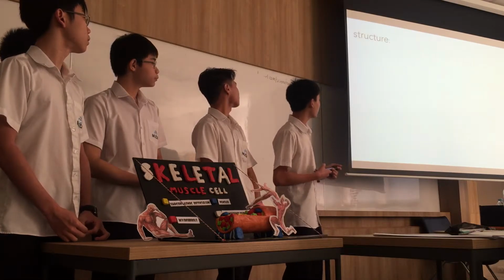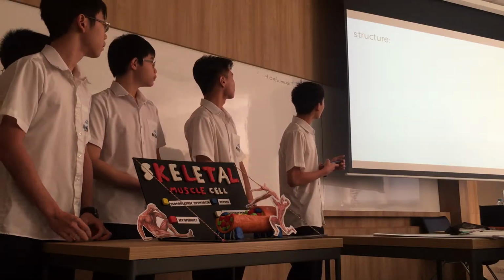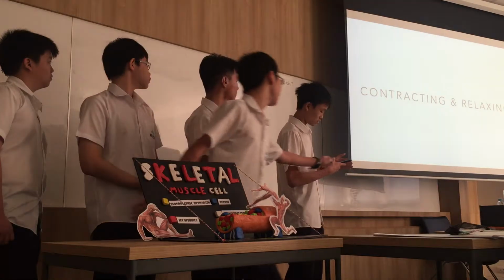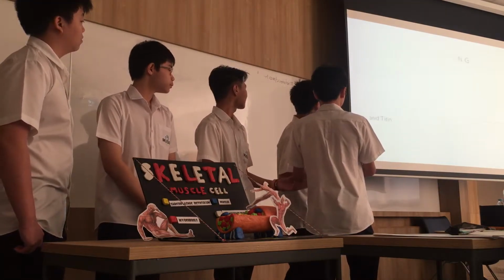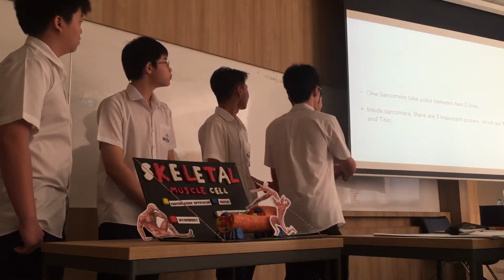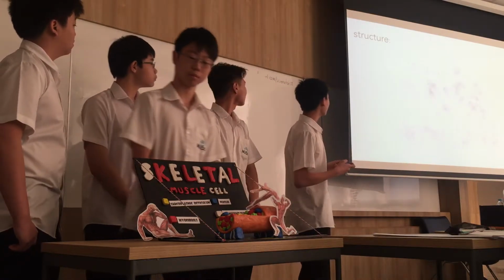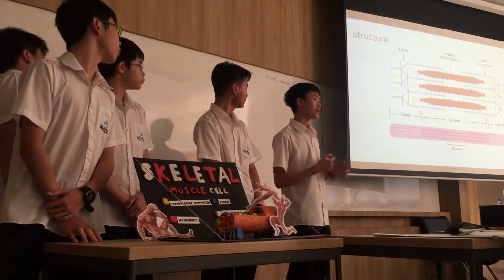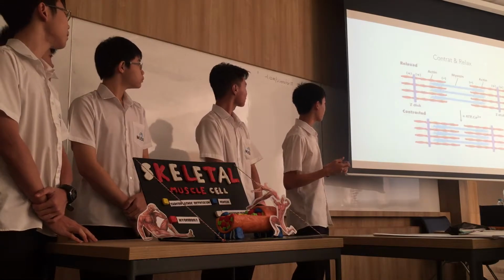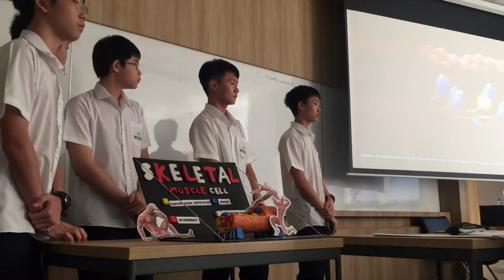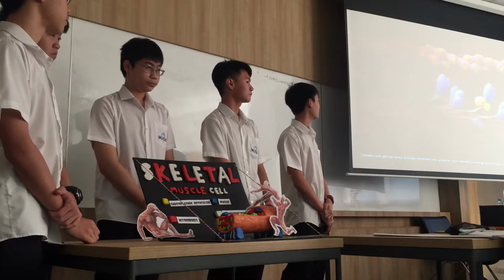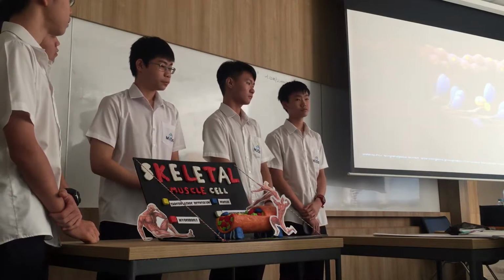And next is the video showing how actin and myosin work together. A contraction begins when a bound ATP is hydrolyzed to ADP and inorganic phosphate.